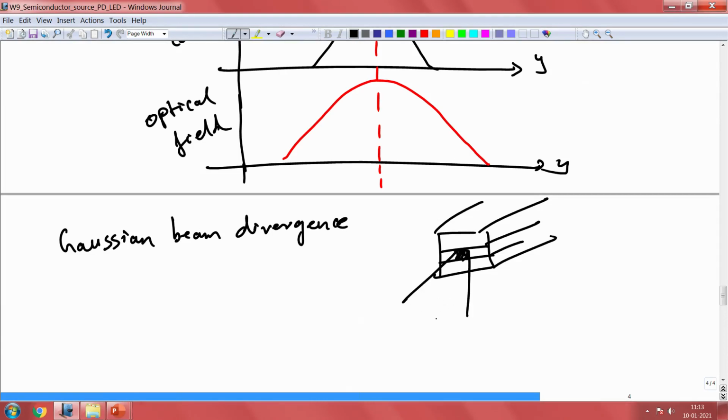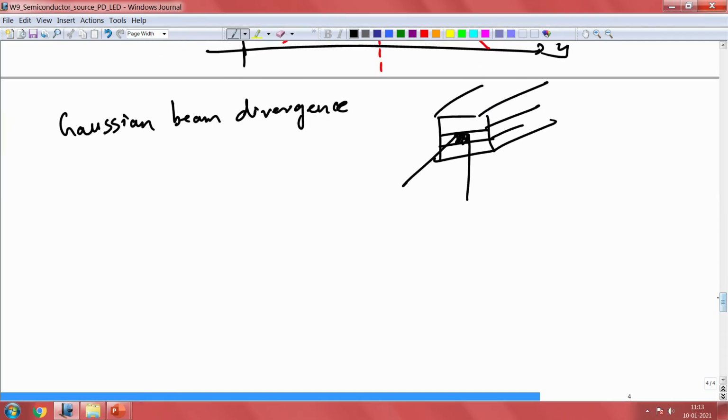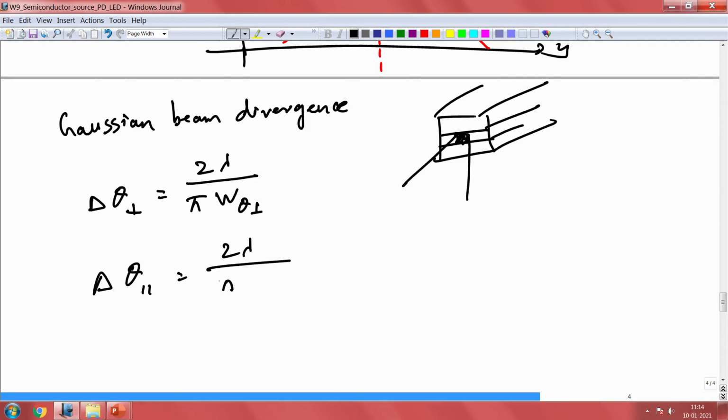So what is that asymmetry that you have? The perpendicular angle is nothing but 2 lambda divided by pi times the width that you have in the perpendicular direction, and similarly the parallel one is 2 lambda over pi times the width that you have in the parallel direction. Okay.